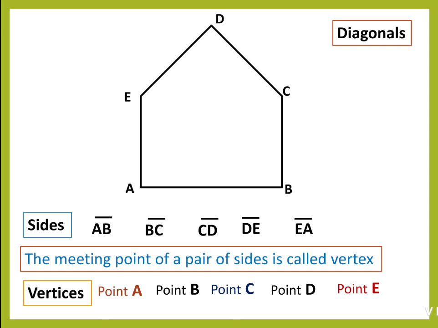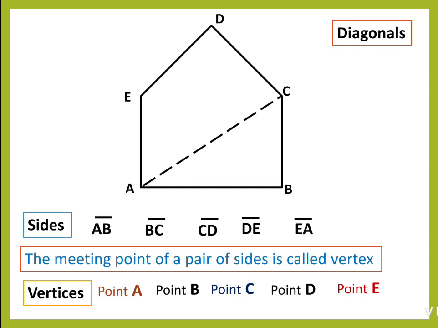B is opposite, but AB is already a side of this figure. So we cannot use AB. We can use AC. Point A and point C are opposite. So we can draw a line segment joining A and C.